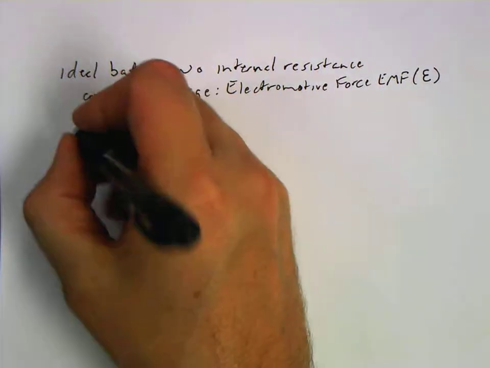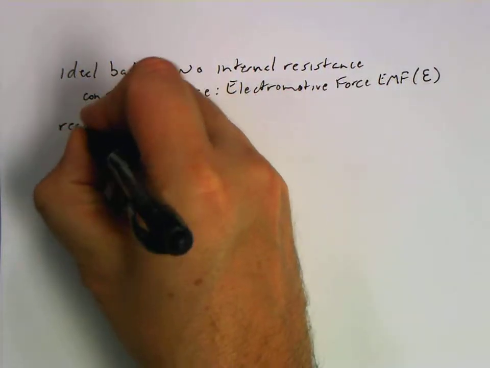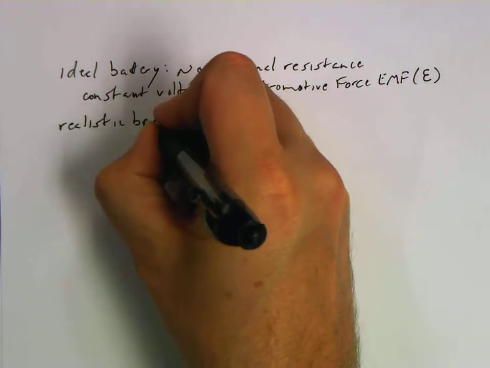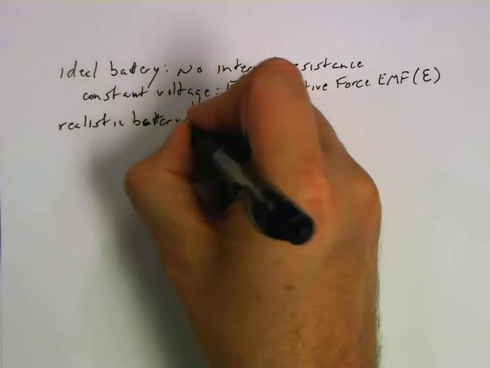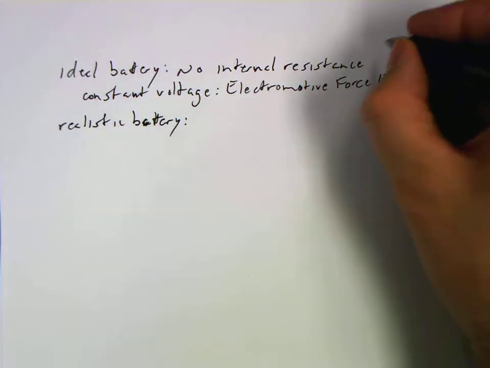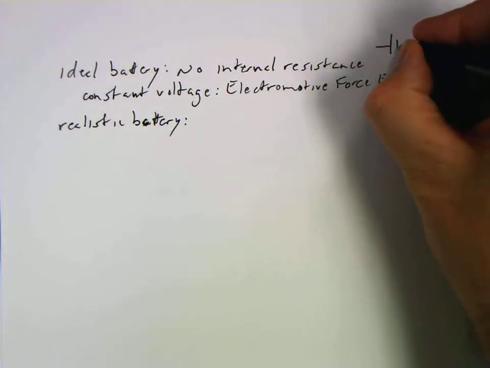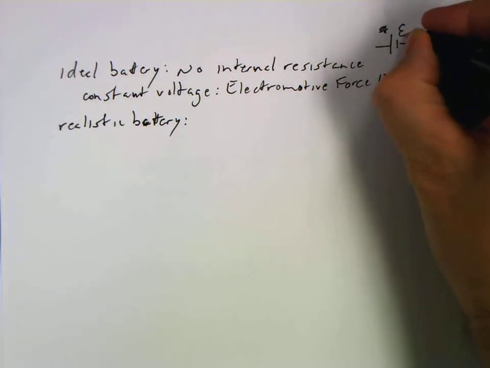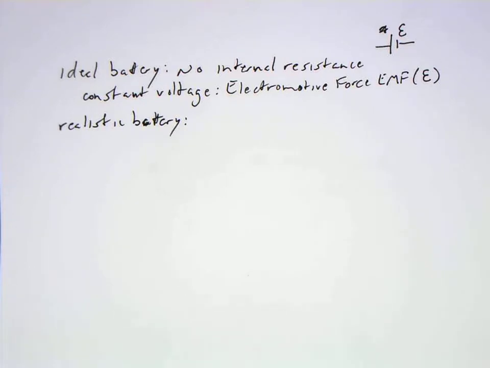Now, a realistic battery has some internal resistance. Okay, now, so this one, it was just something like that. Oops, I'm doing the mirror image thing again. With some electromotive force there.